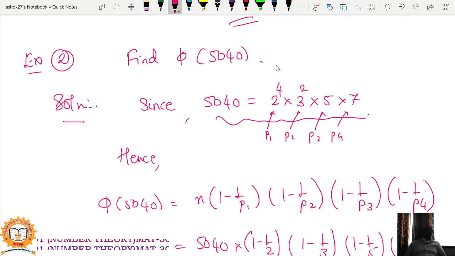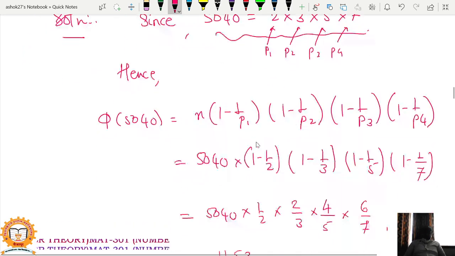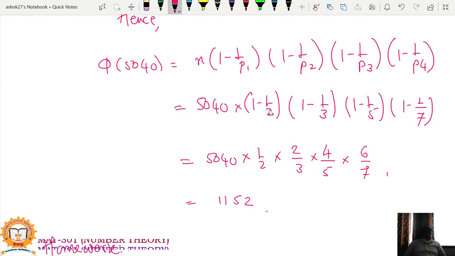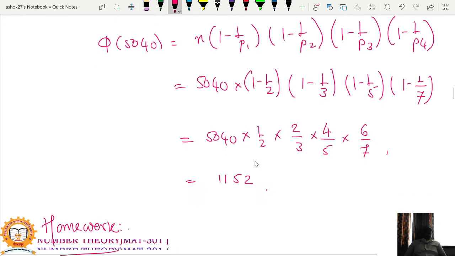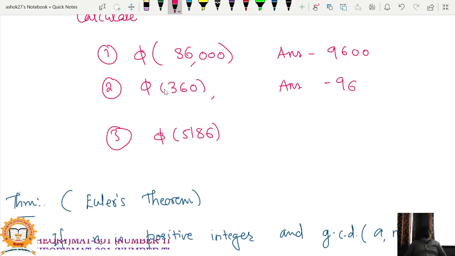And you will take k1 that is 4, k2 is 2, k3 is 1, and k4 is 1. Using this theorem, you'll get 5040 into 1 minus 1/2, 1 minus 1/3, 1 minus 1/5, 1 minus 1/7, and you'll get phi of 5040 equal to 1152.